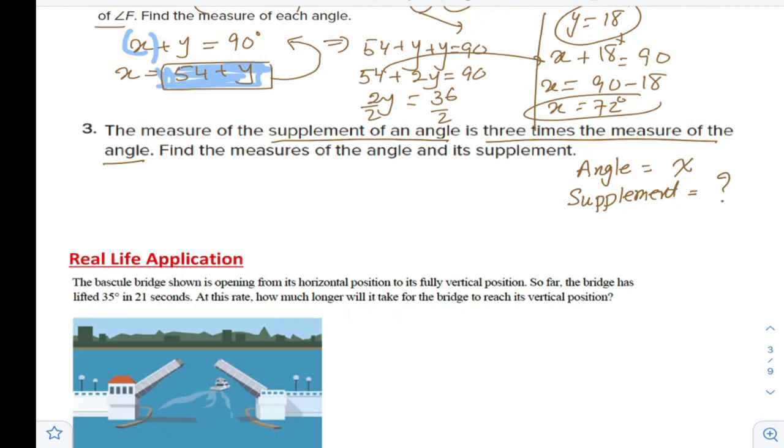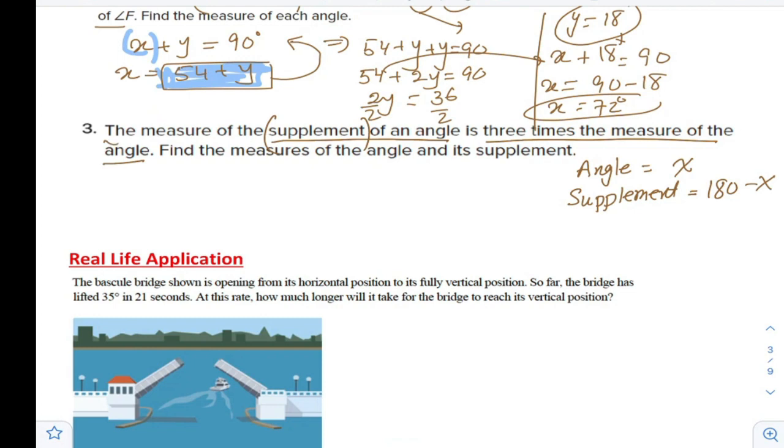If the angle was 60, how much is the supplement? 120, because they can be added to give you 180. إذا كانت 100, it will give you 80. So the supplement can be found by subtracting the angle from 180, simply. So if you don't know the angle, and you assume it x, the supplement is 180 minus x.